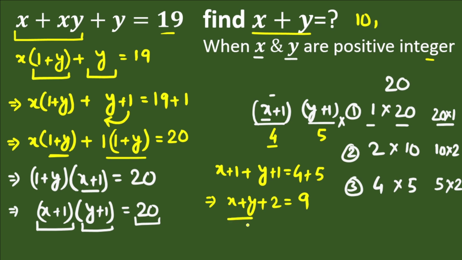So x plus y, plus 1 and 1 which is 2, equals 9 on the right-hand side. The value of x plus y will be 9 minus 2, which is 7. So x plus y for the third case is 7, which is another answer. So we have calculated x plus y, and there are two answers, 10 and 7. These two are the answers of this problem.